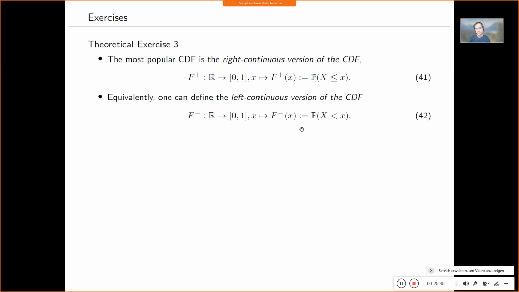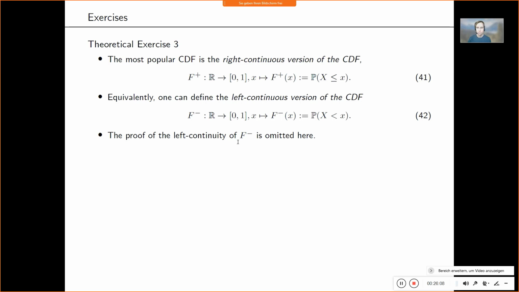If they write smaller than, they use the left continuous version of the CDF. Now, to show that this is left continuous, so that it's continuous if you approach limit points from the left, so from minus infinity, and not from the right, so from plus infinity, is again work, and I had a brief search around it, but then I decided we omit this.